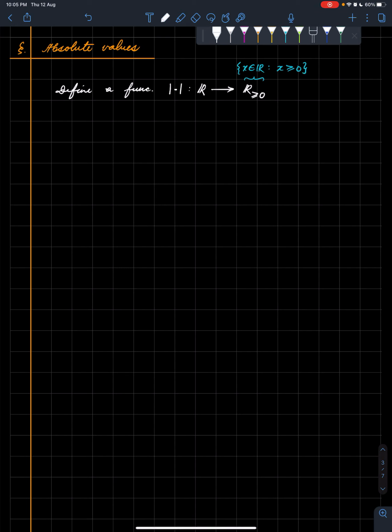So how is this function defined? It consumes a real number and produces the same real number if the number is non-negative, and minus x if the number is negative. So this is the absolute value. This is called the absolute value of x.